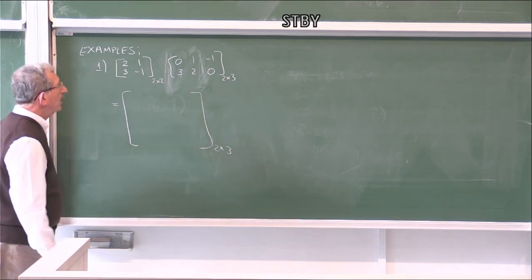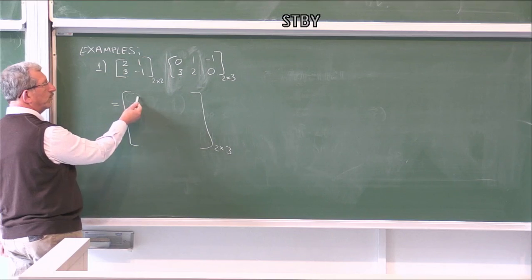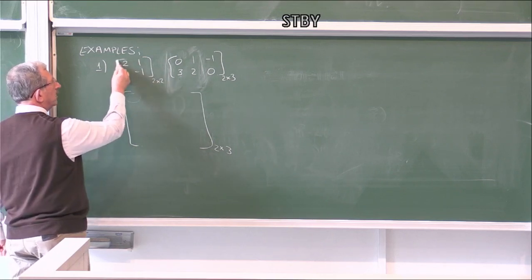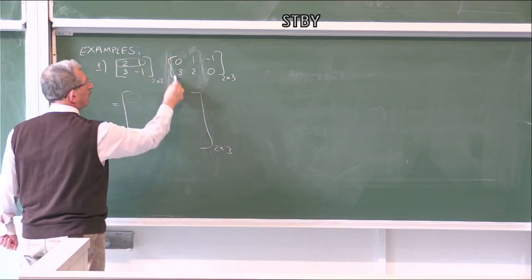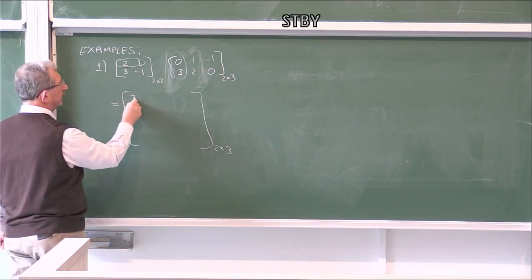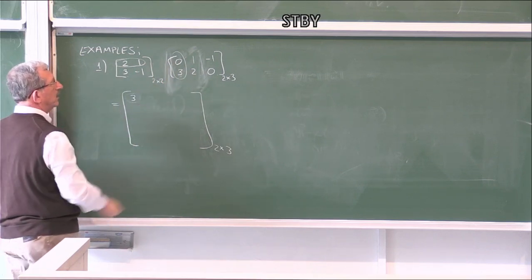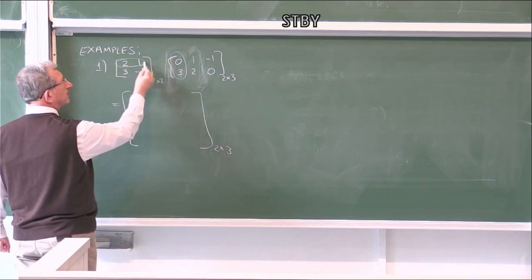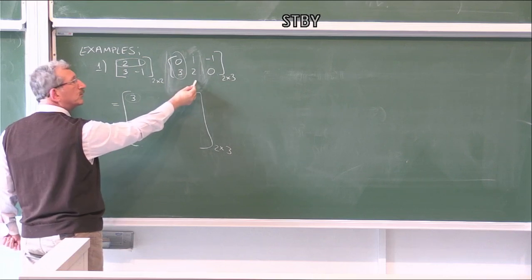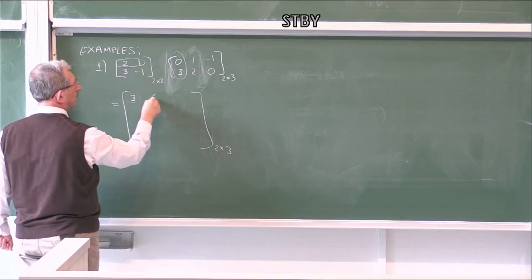So then, for the first term, which is C11, you take the first row and the first column, you take the dot product, which of course is 3: 2 times 0, 1 times 3. For the next term, you take this one and take the dot product with 1, 2. So that's 2 plus 2, that's 4.